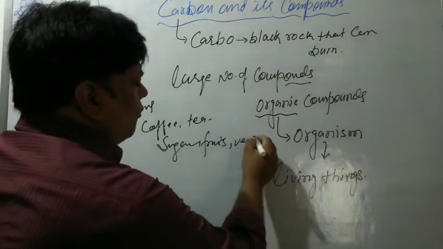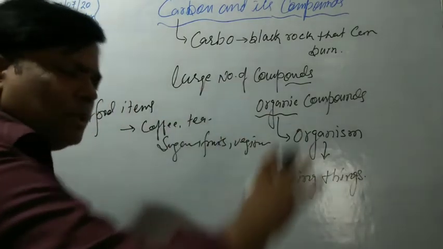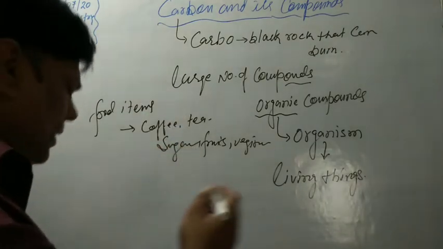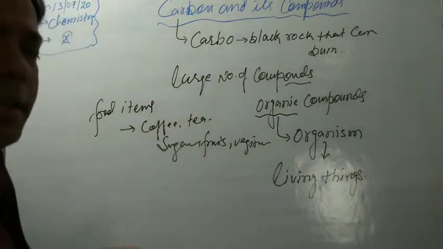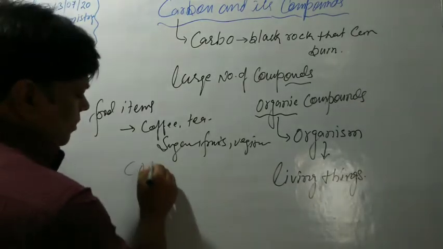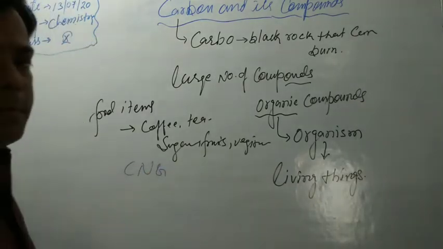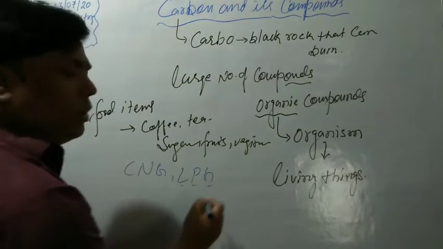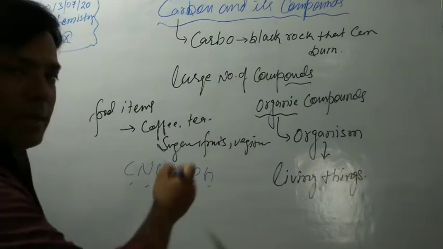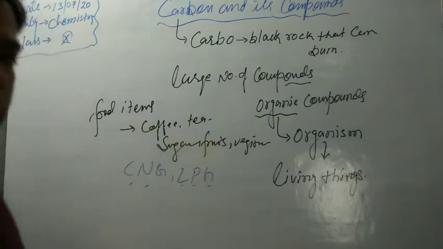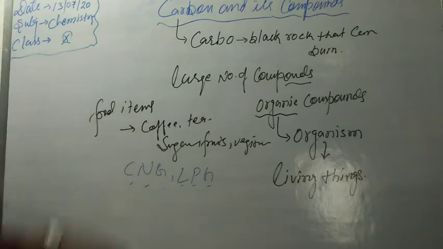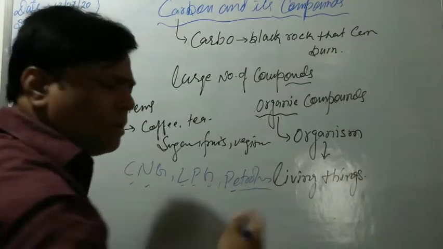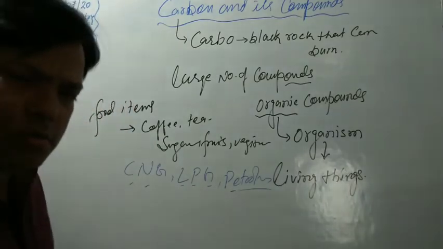We have a lot of examples. Some examples are CNG, compressed natural gas, and LPG, liquefied petroleum gas. Petroleum products like diesel and petrol are also carbon compounds.